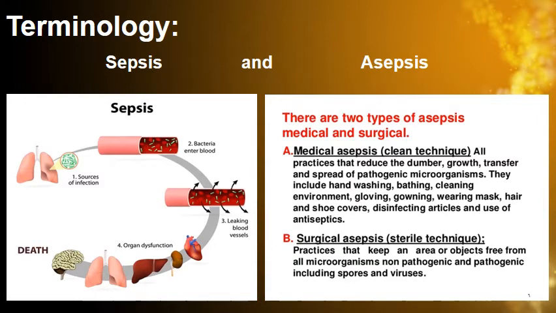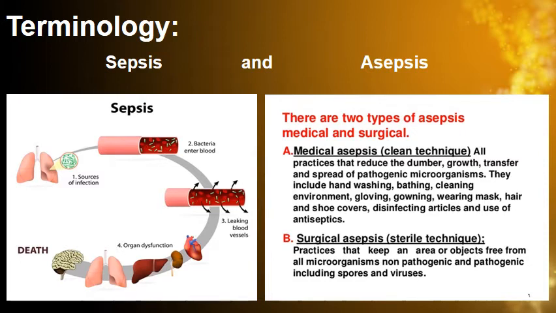Some terminologies in this subject. What is sepsis and what is asepsis? Sepsis is the breakdown of living tissue by the action of microorganisms, usually accompanied by inflammation. First we have a source of infection, an infectious pathogen enters the body.